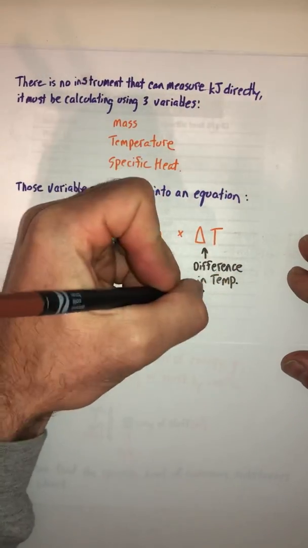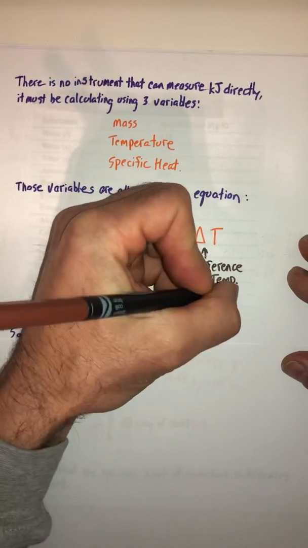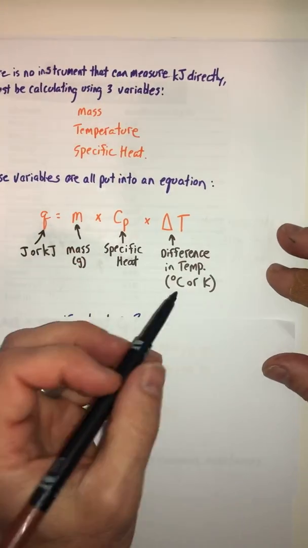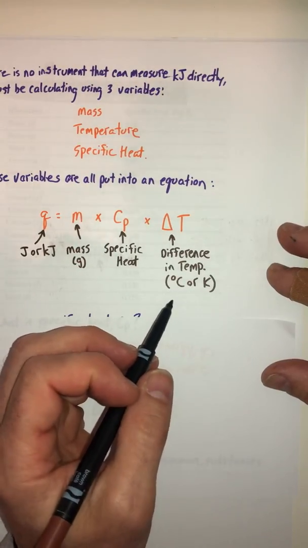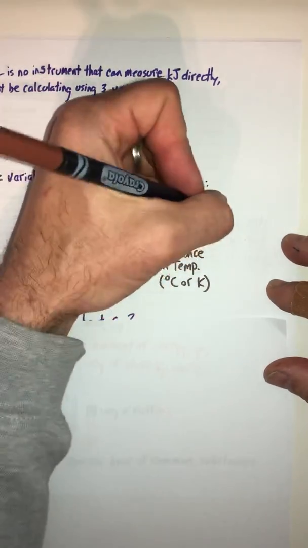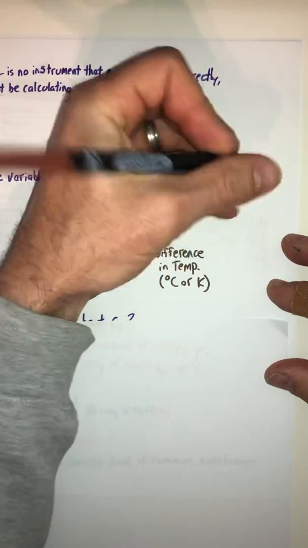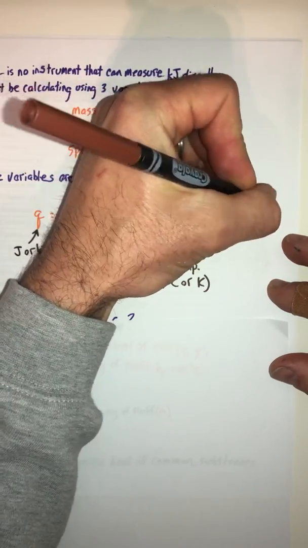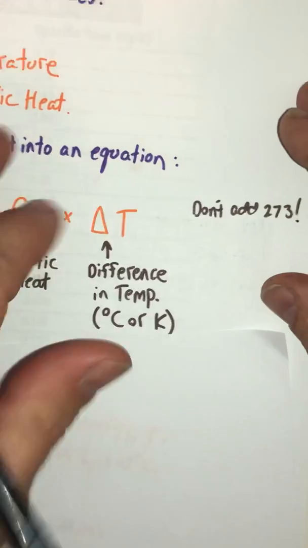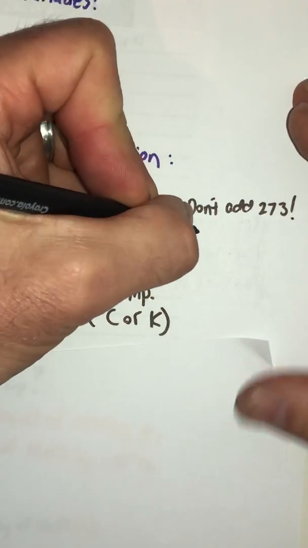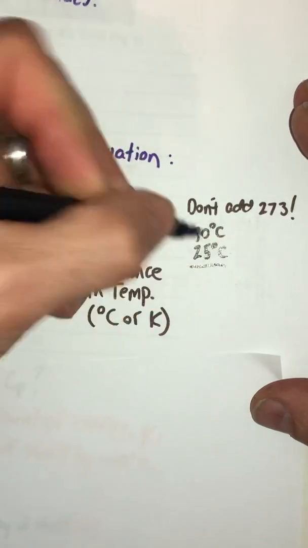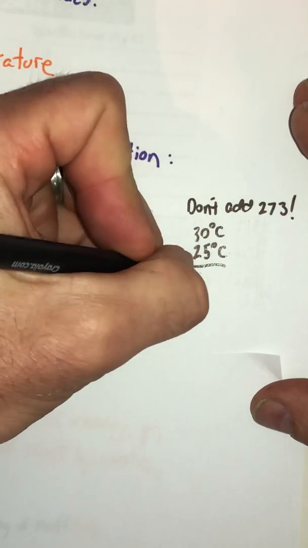Okay, so here's something that you have to watch for, is that this can be in degrees Celsius or Kelvin. So something that trips people up a lot is that they want to add 273 to your degrees Celsius, but you don't actually do that because we're talking about a difference in temperature. So let me put this note up here. Don't add 273. And here's why. So let's say we have a difference in temperature of 5 degrees Celsius. So let's say we start at 30 degrees Celsius and the temperature dropped on a substance by 5 degrees.